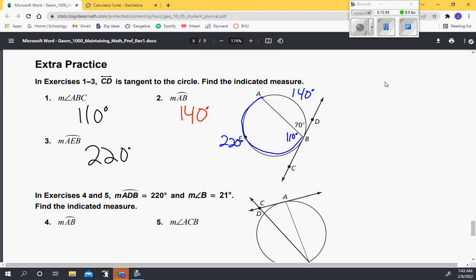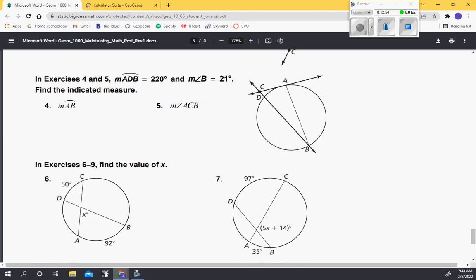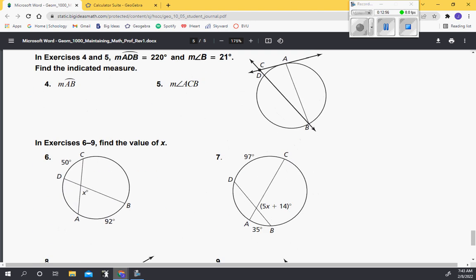Good. Moving on. In exercises 4 and 5, the measure of arc ADB, that is this arc here, although it doesn't go quite through B, this is what it means. This arc here is 220 degrees. The measured angle B is 21.